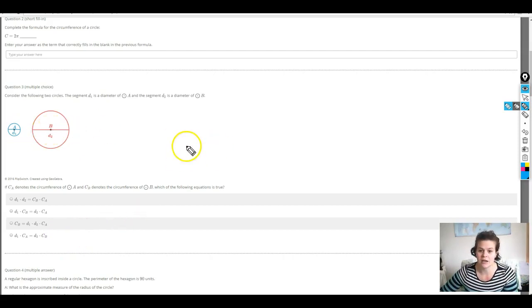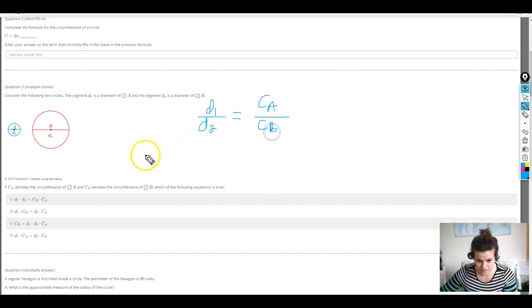Since we know all circles are similar, we can set up a proportion. So we can say the diameter for circle A compared to the diameter of circle B is going to be equal to the circumference of circle A compared to the circumference of circle B. Now, I do not see any of those, but I do see ones that, so how do I move these out of the denominator?